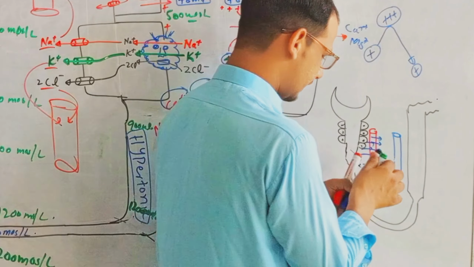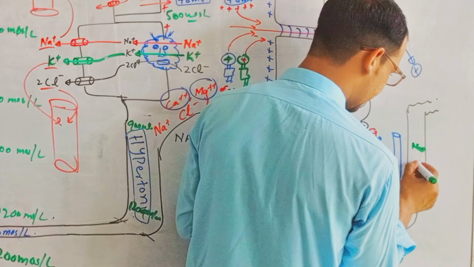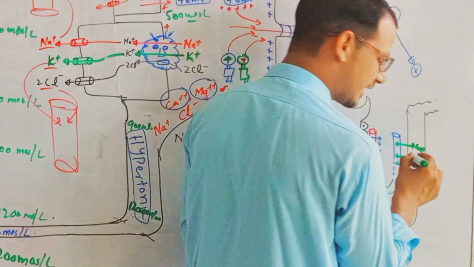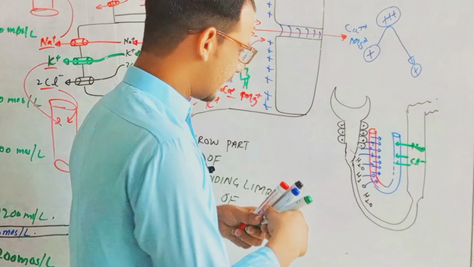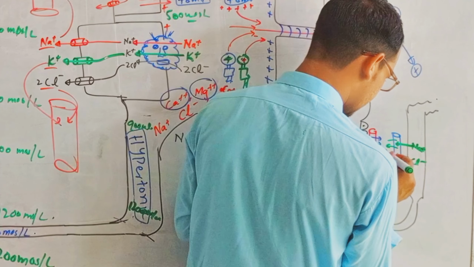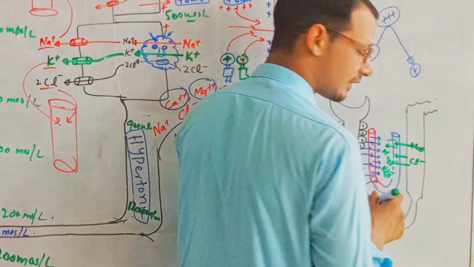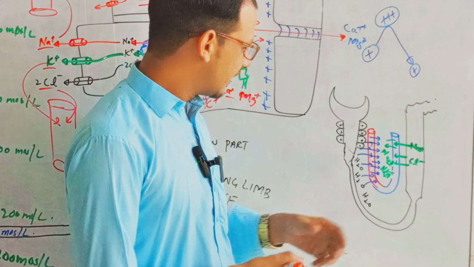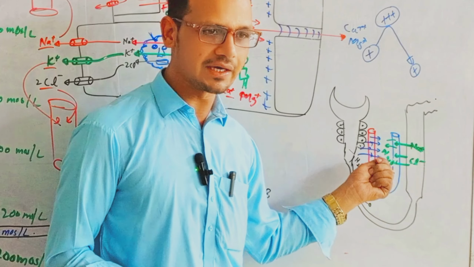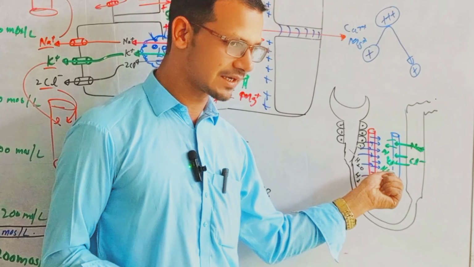From here it is taking sodium chloride to this blood, right? And it gives NaCl to this area. The blood flow in the vasa recta is very slow, and it is used for maintaining the gradient of sodium.